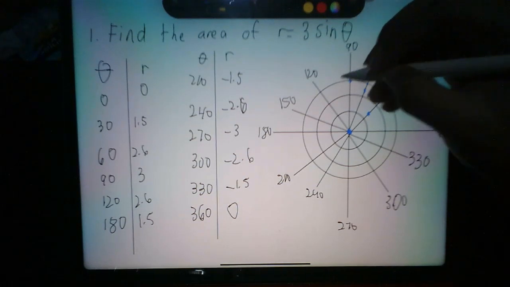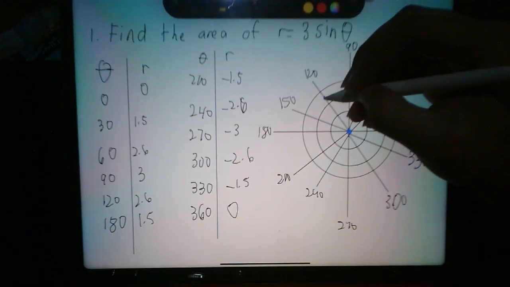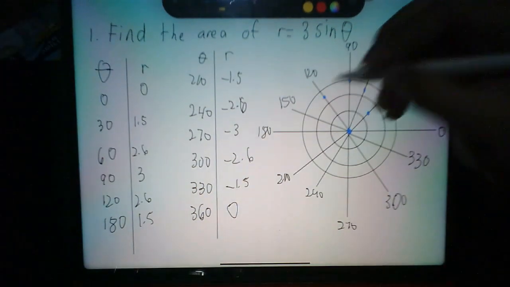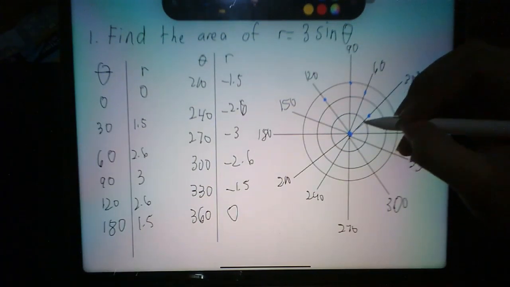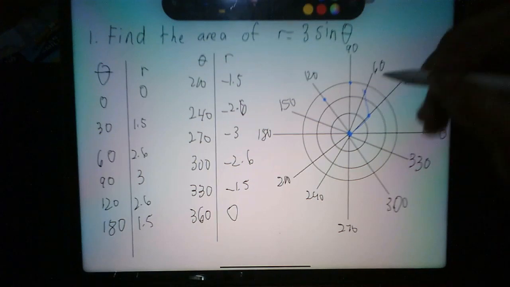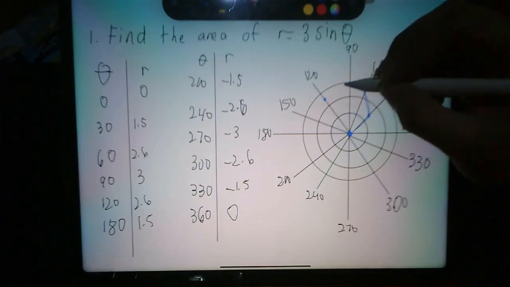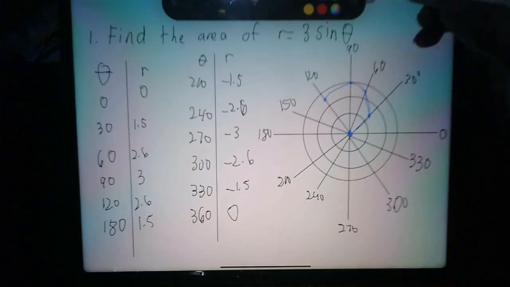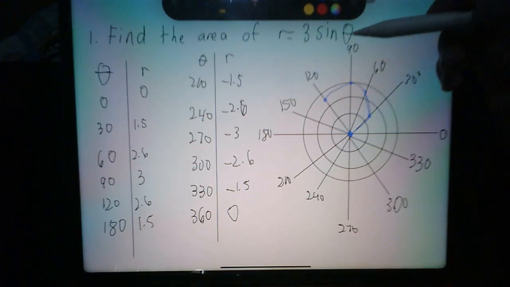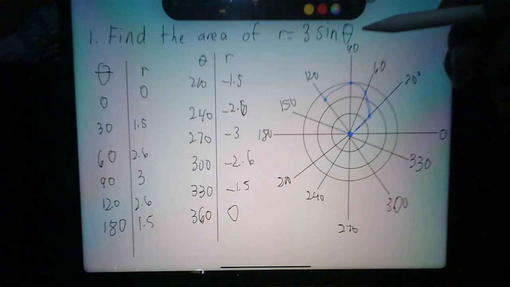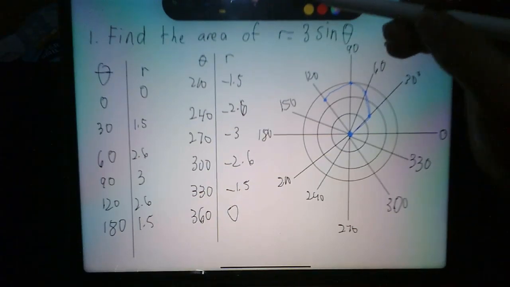120 here is 2.6, let's put it here. 150, first we need to connect the dots. Oh no, I forgot to put 150.